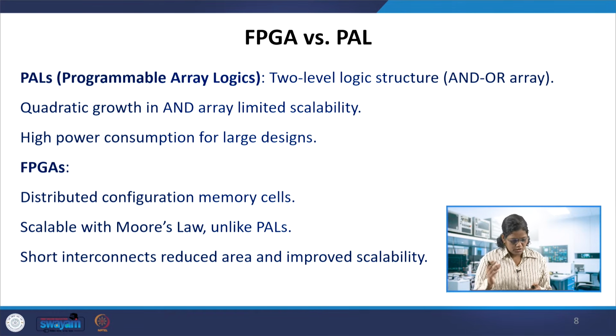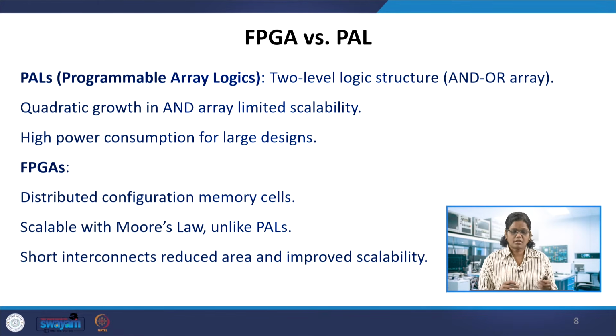And the shorter interconnects. In the 1980s, short interconnects, the shortest routes or routing wires, were preferable to reduce the area, the programmability area needed to be reduced. That improved the scalability in the case of FPGAs.